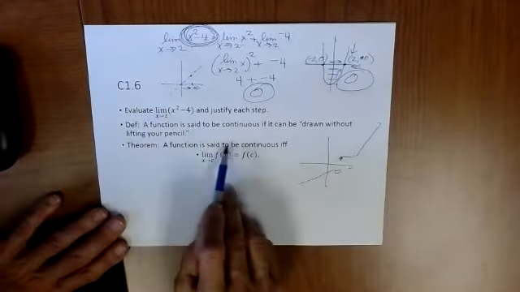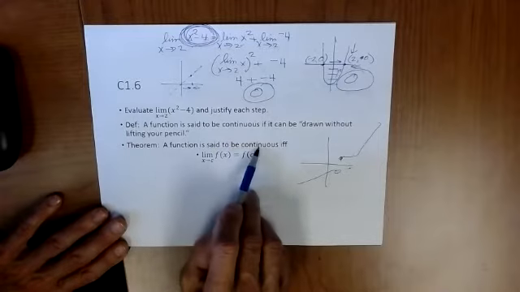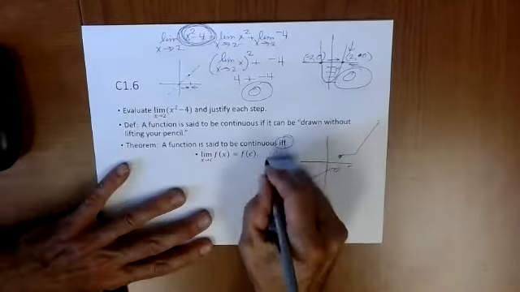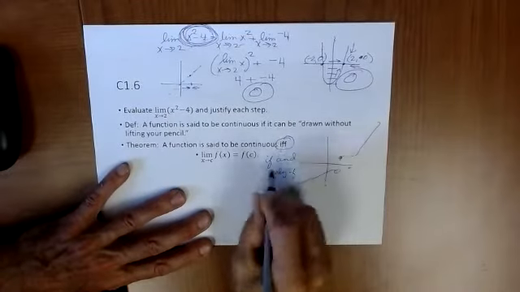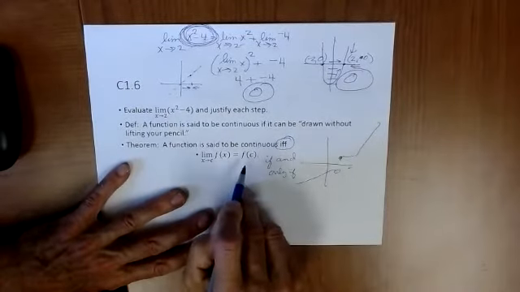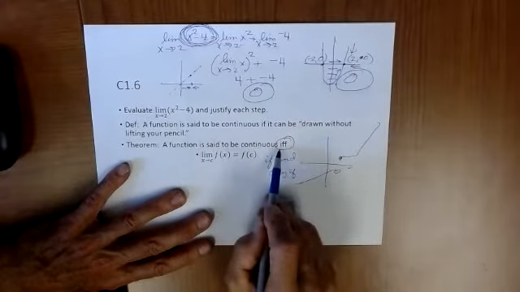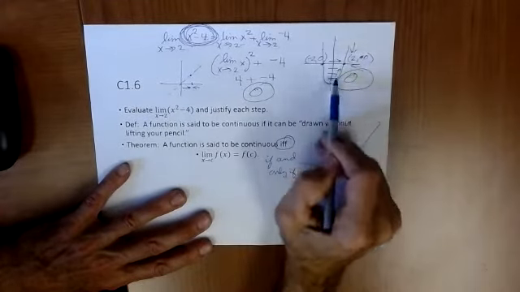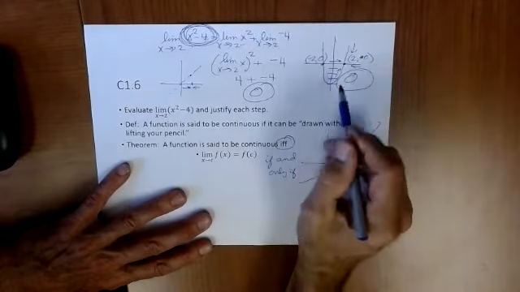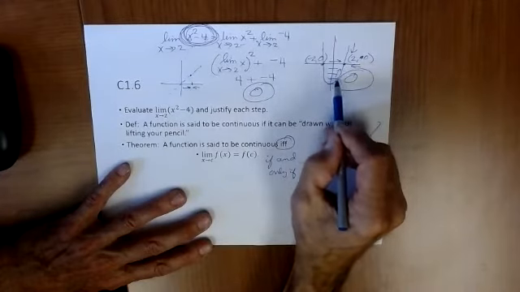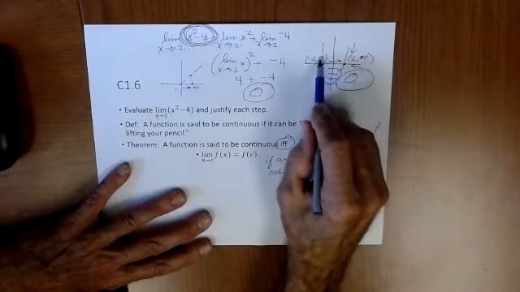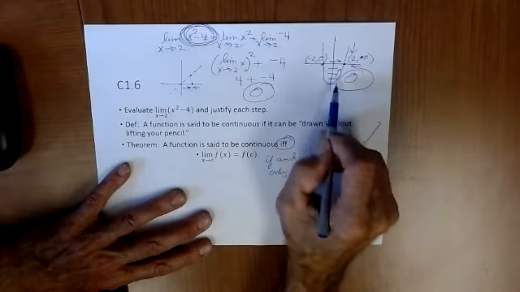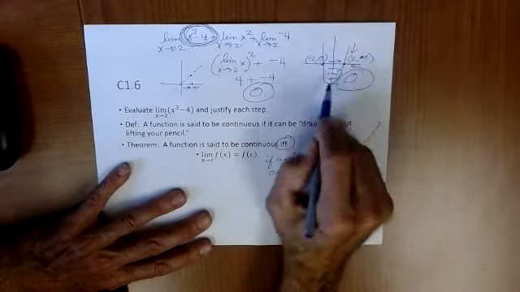The theorem going along with this: a function is said to be continuous if and only if. If and only if means it goes both ways. If it is continuous, like this parabola, right? Then we know that I can simply stick the x value in and find the y value to get the limit, because there's nothing illegal about that parabola.